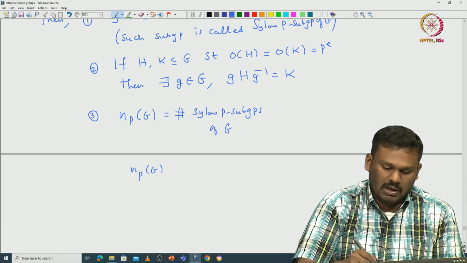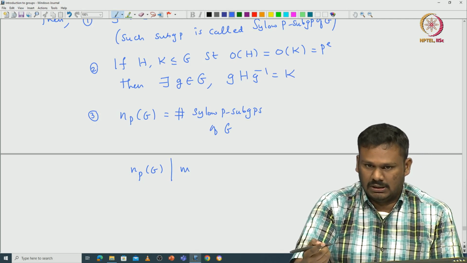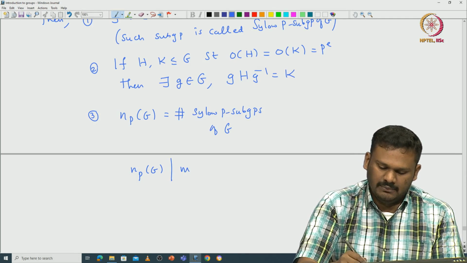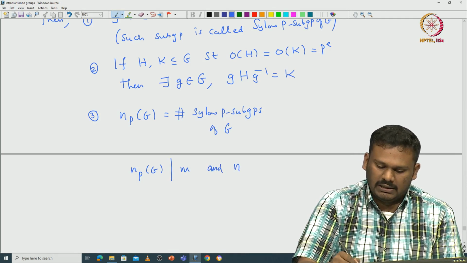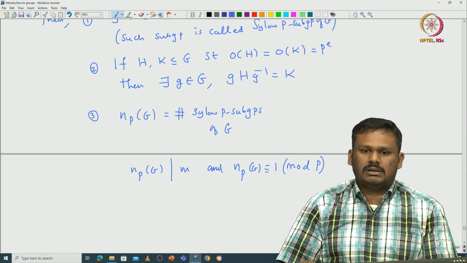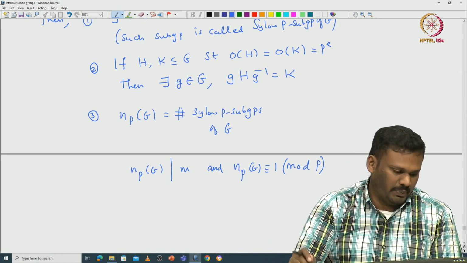First of all, it divides the order of G and is also coprime with p^e, so it should divide m. And n_p(G) must be congruent to 1 modulo p. So, these two important constraints we have for n_p(G).